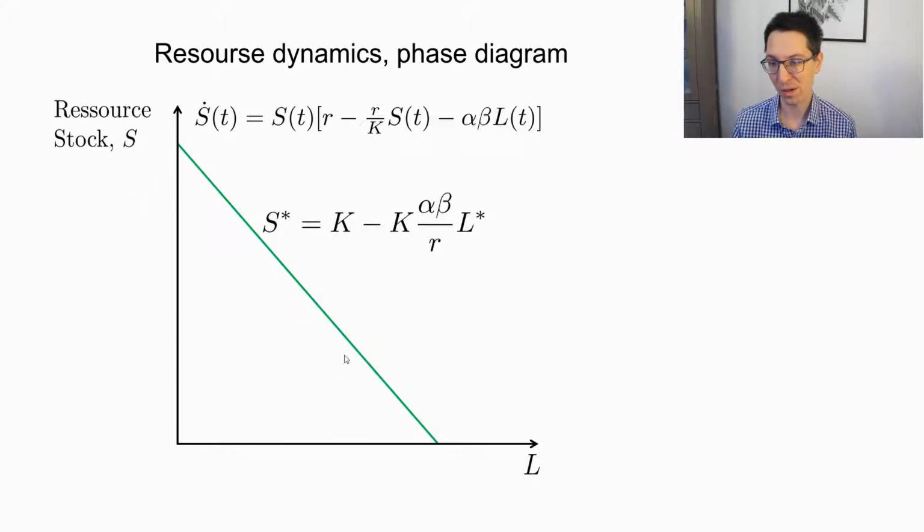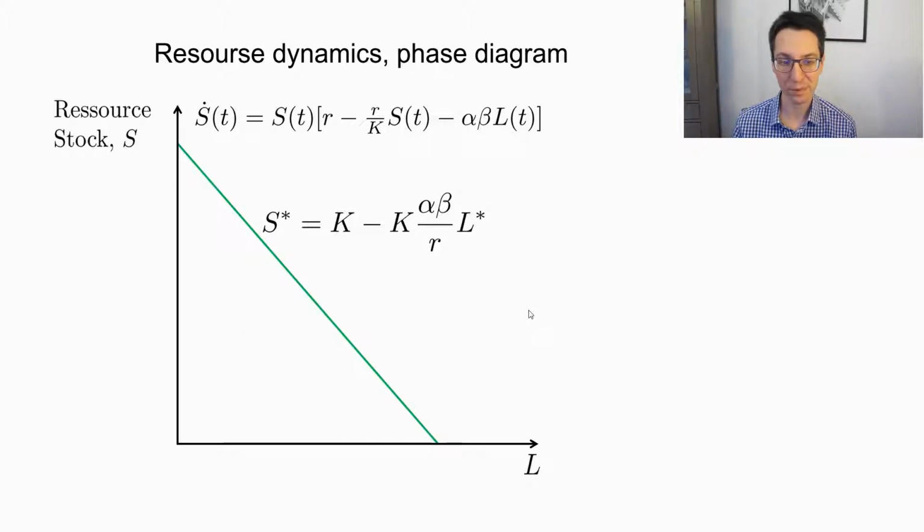This describes a set of points for which S dot equals 0, and it is because the interior of this parenthesis here equals 0. All right. And now we already know that the slope here is minus K alpha beta over R. Then what we can ask ourselves is, what are the intercepts here and here?